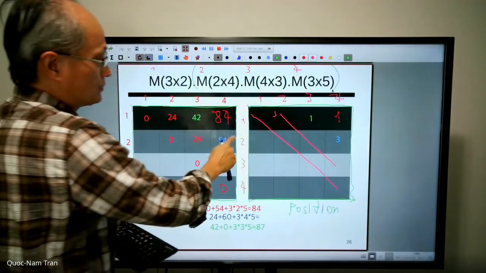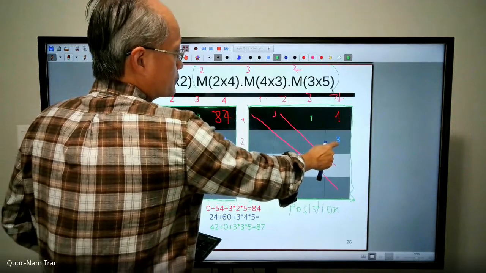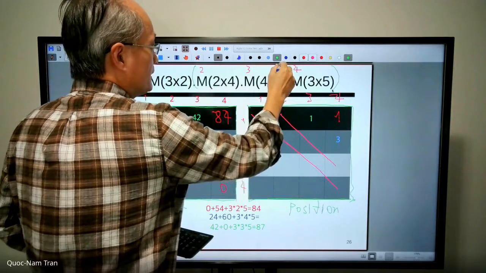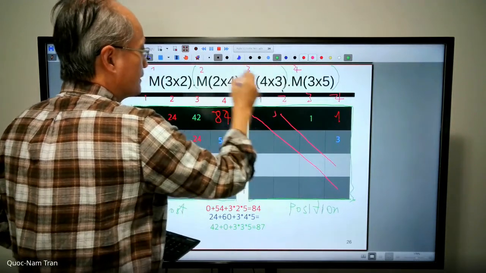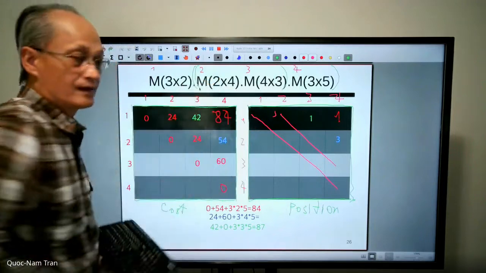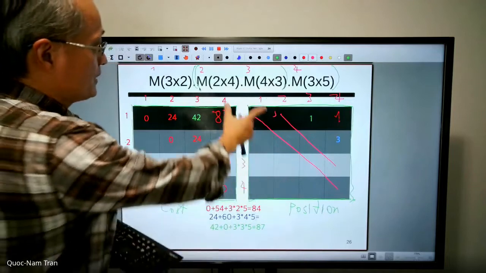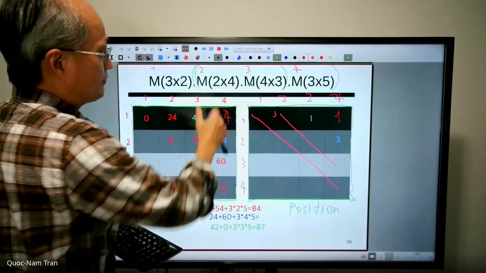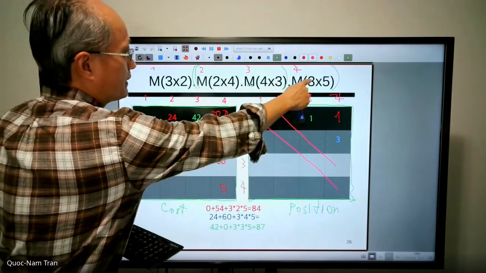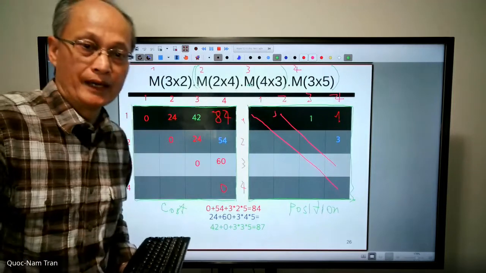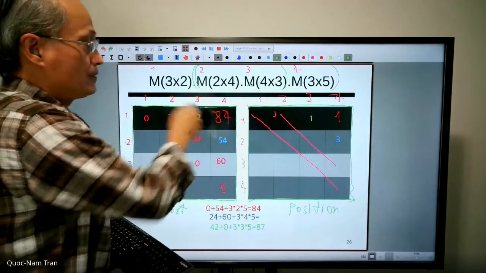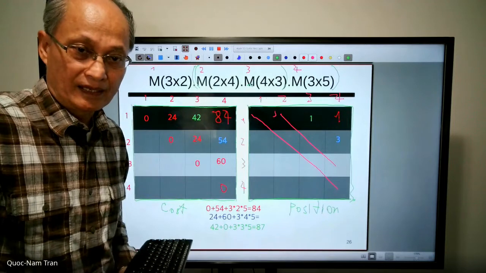For 2 to 4, the best way is to break it at 3, meaning I will have it here. All it tells me is that first multiply 2 and 3, after that multiply with 4, and then finally multiply with 1. Then I have the minimum value.